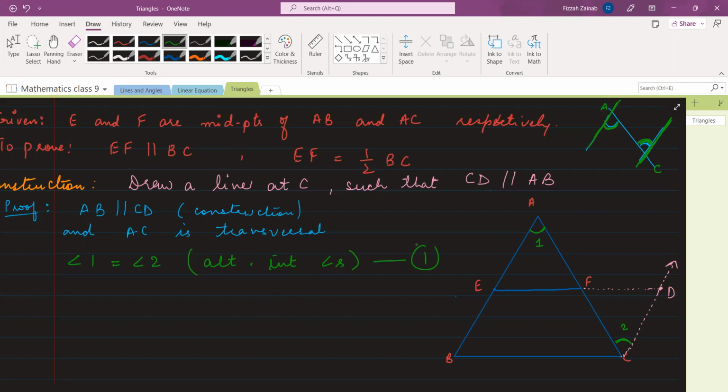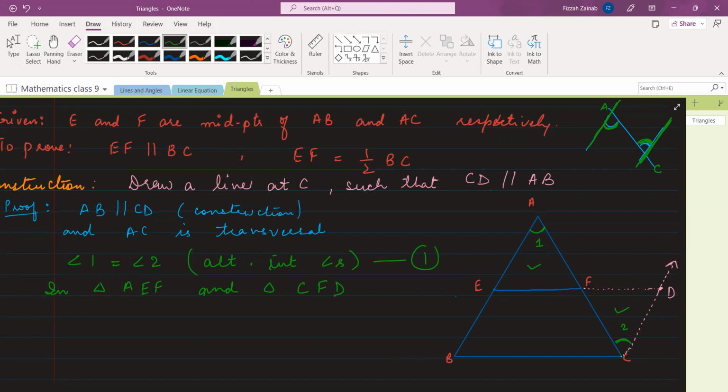Okay. Now you take these two triangles, triangle AEF, so this triangle I'm taking, and CDF. Understand? In triangle AEF and triangle CFD, I am trying to prove that these two triangles are congruent.